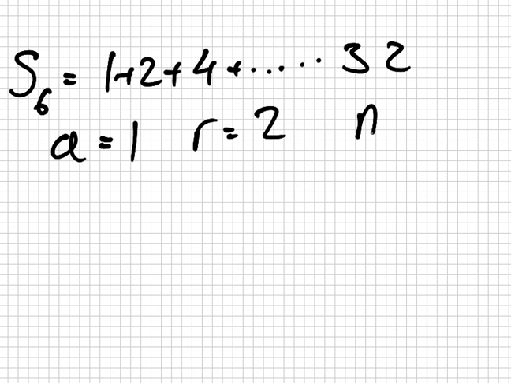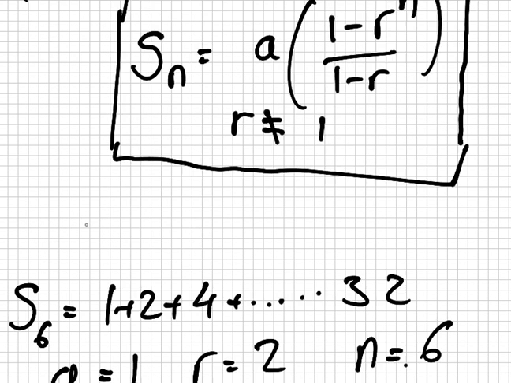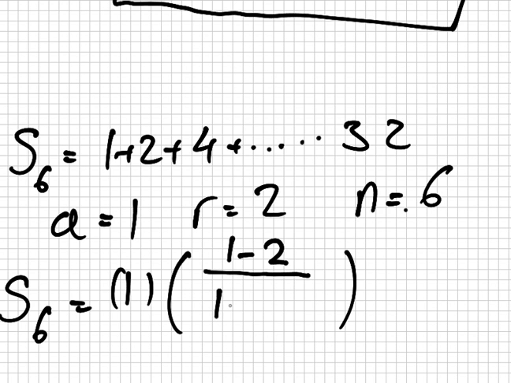And the N? 6. So S6 will equal A times 1 minus R^n over 1 minus R. It says it here, 6 terms. 1 minus R^n over 1 minus R.